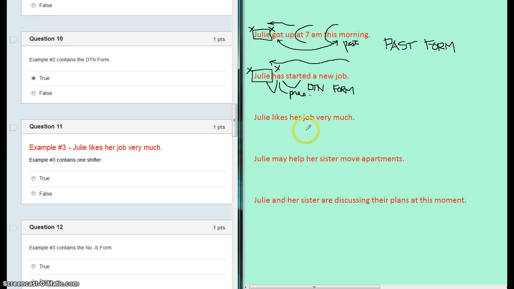And question number 11, example 3. Julie likes her job very much. There's no shifters. I don't see the X word. It's do, does, or did. Here, because of the verb likes, I know it's does. Does Julie like? Julie does not like. Julie is the subject. Everything left is the predicate. There's my wavy arrow. And now let's take a look at the ties. Likes ties with Julie.